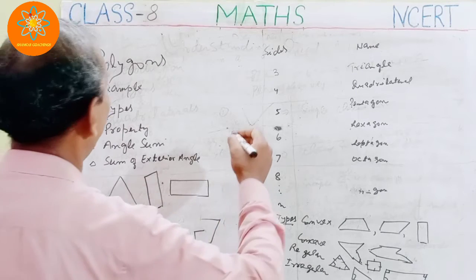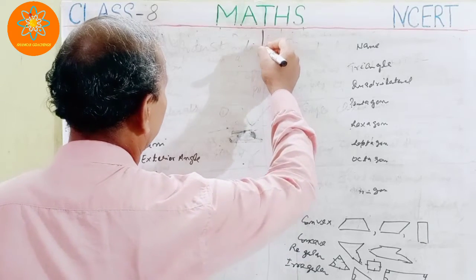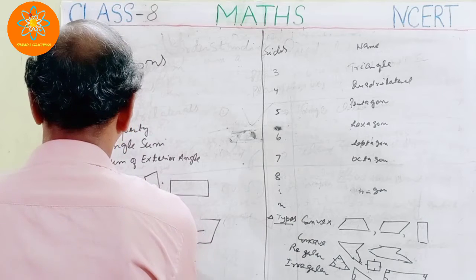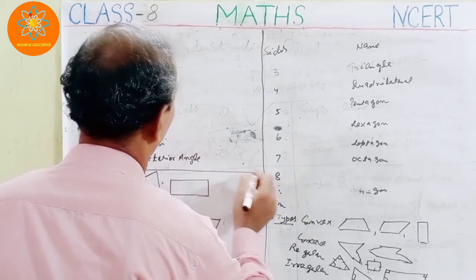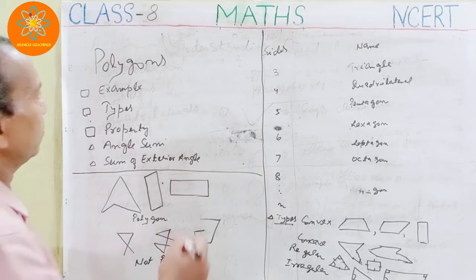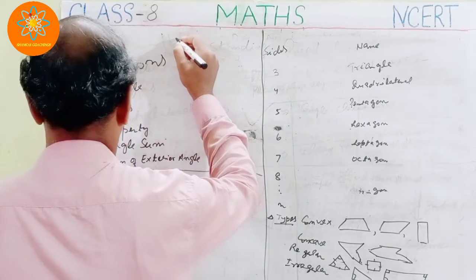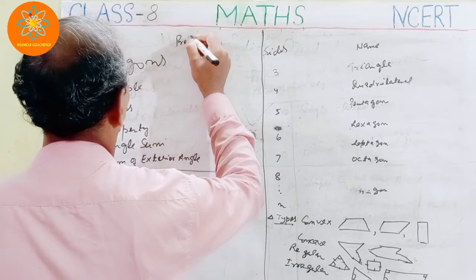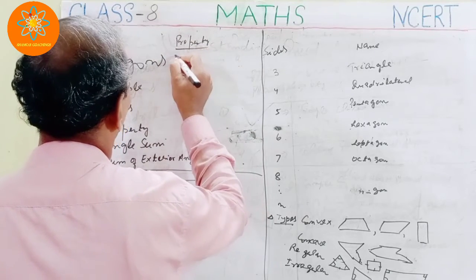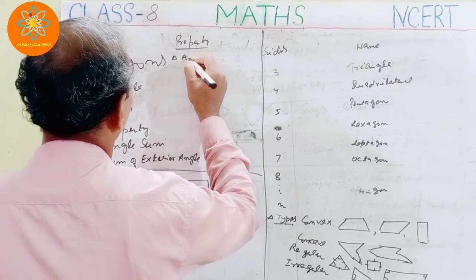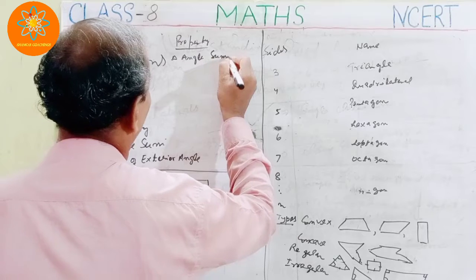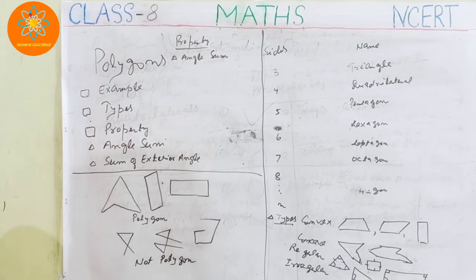Now we will see the properties of the polygon. What is the property of the polygon? Property first is the angle sum. This is the angle sum property.